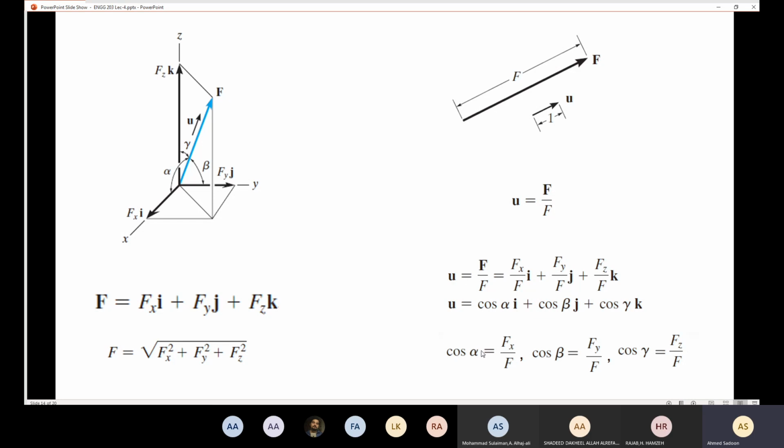So cosine alpha represents Fx over F, cosine beta represents Fy over F, and cosine gamma represents Fz over F. And this summarizes what we have studied in the previous slides.